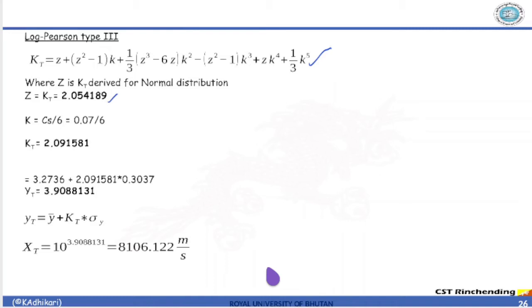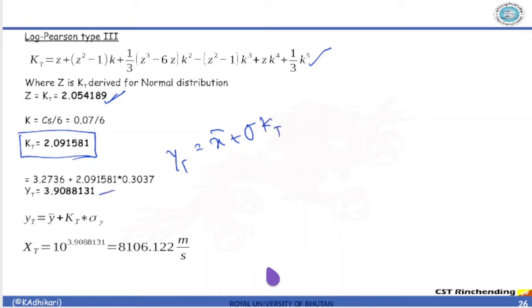Okay, so this is the frequency factor for normal distribution, and for the log Pearson distribution the frequency factor is calculated like this. Like always, then the y of T is equal to x bar plus standard deviation times KT.